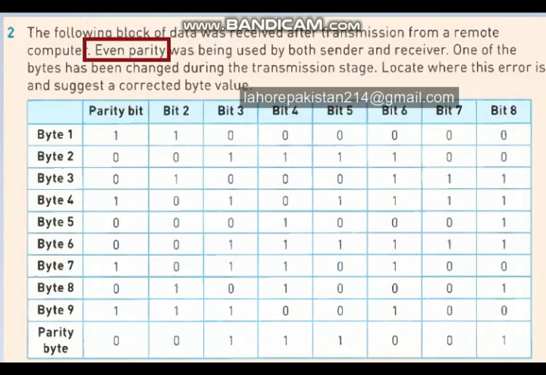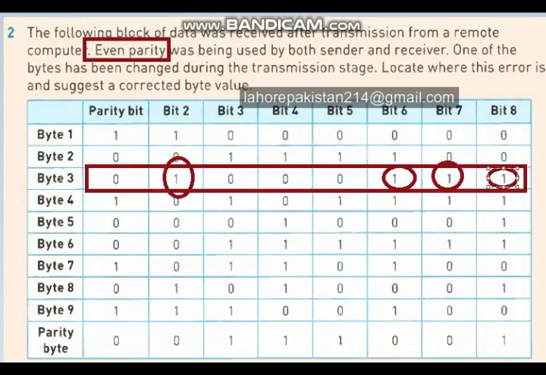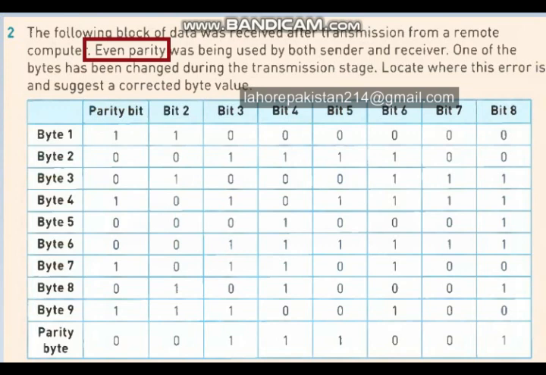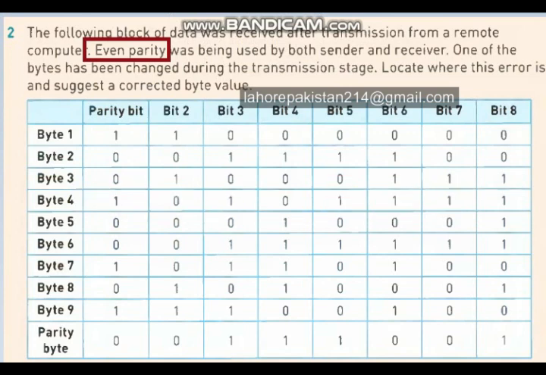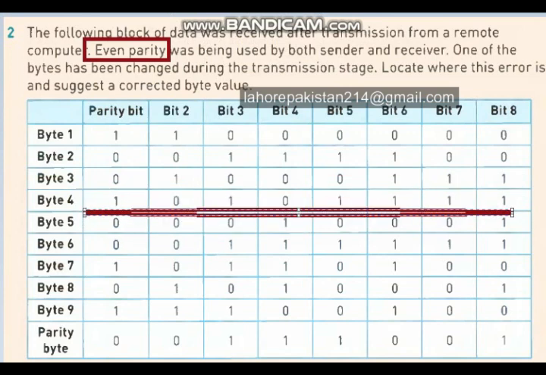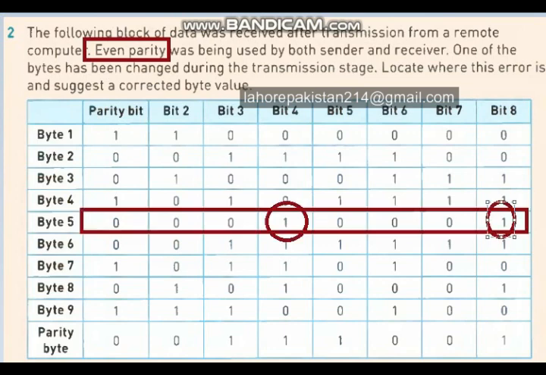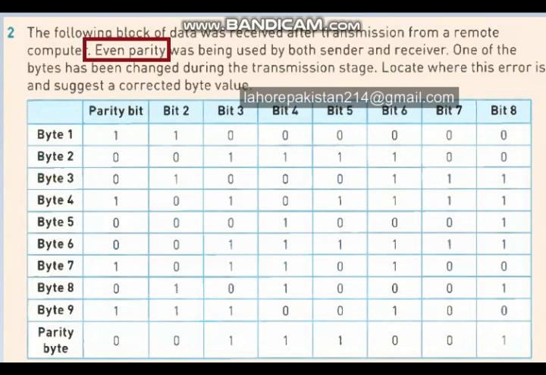Now the third byte: 4, an even number, and as we required an even parity, things are going fine. Now the fourth byte: 6 is an even number, so there is no mistake. Now the fifth byte: 2 is an even number, so there is no mistake in the fifth byte also.